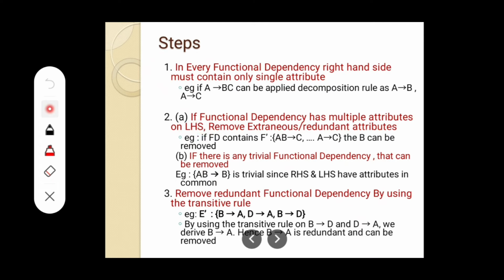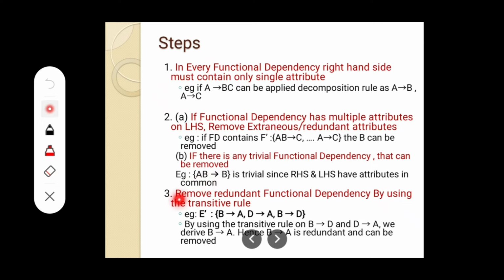So first step il endha parayunnathu? In the first step, if RHS has multiple attributes, that must be removed. Second step, first subdivision എന്താ പറയുന്നത്? If LHS has multiple attributes, that must be removed. And also, if the functional dependency is trivial, that must also be removed.